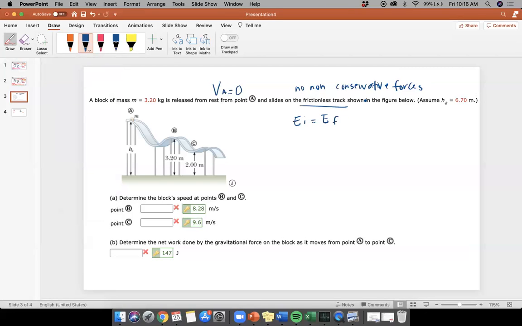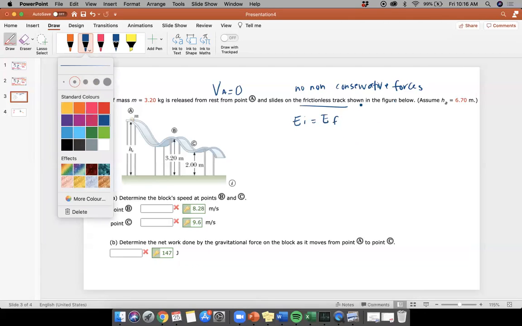If there are non-conservative forces such as friction, heat, sound, etc., your equation becomes EI minus WNC equals EF. But because there are no non-conservative forces, our equation is simplified to EI equals EF. But in a real life scenario, that's not possible.